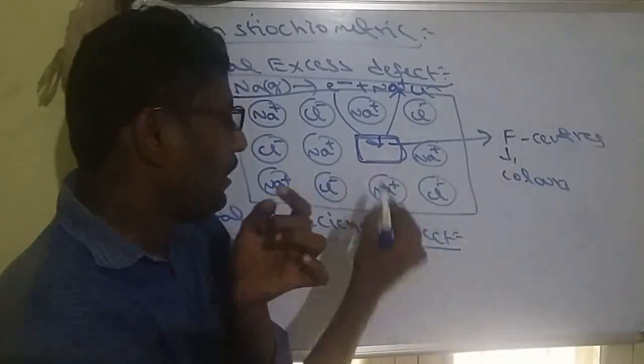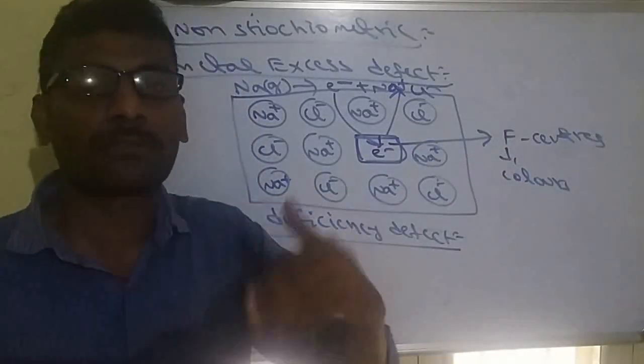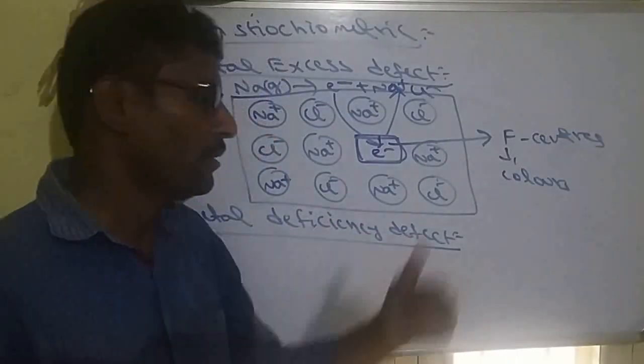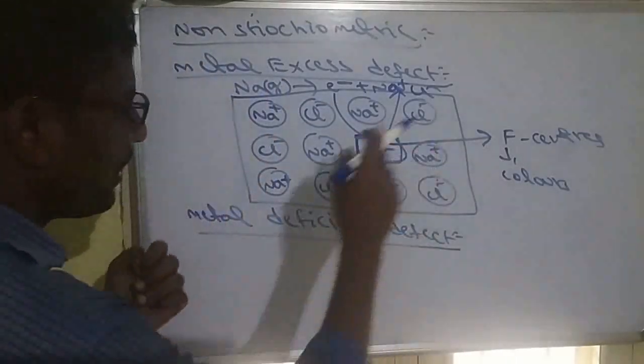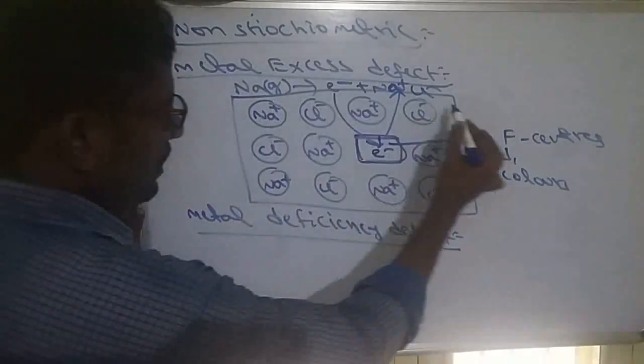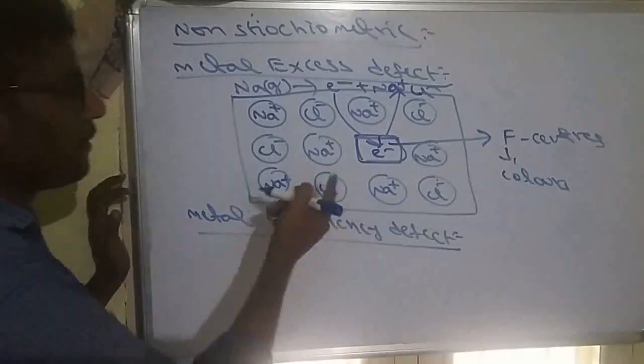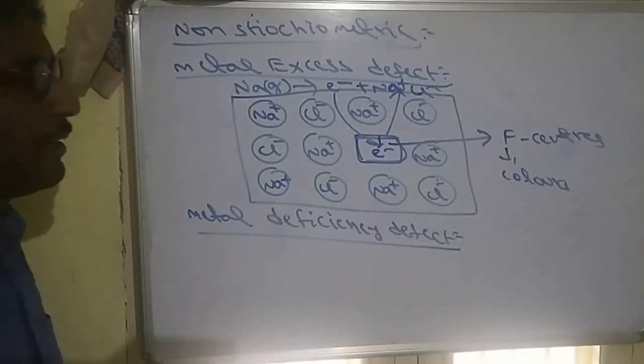Because of those unpaired electrons, they show colors. Color is due to the presence of unpaired electrons. That is called F centers. So in this crystal, Cl is lost, so the amount of sodium is more. That is called metal excess defect.